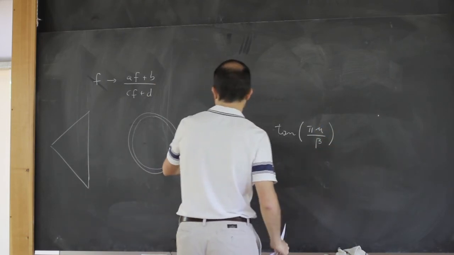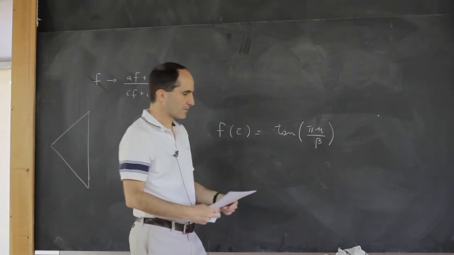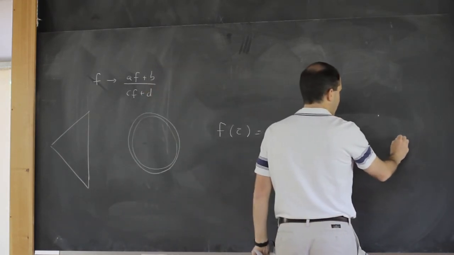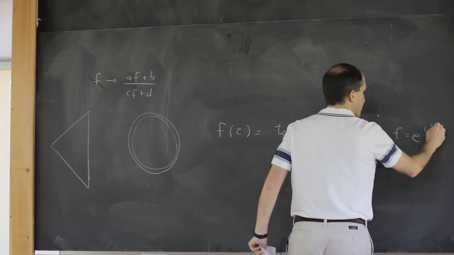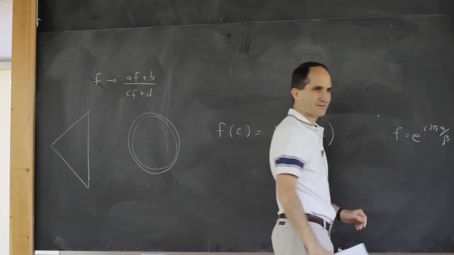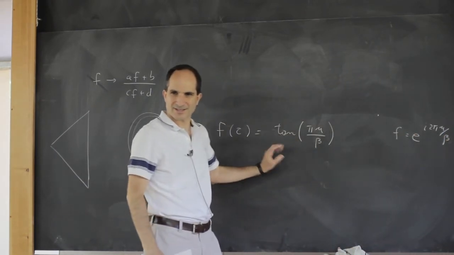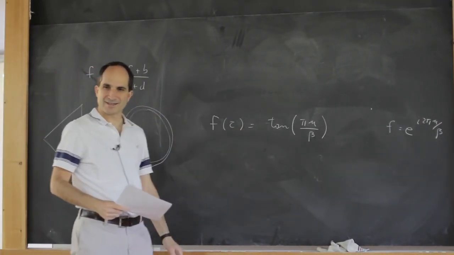This somehow relates the zero temperature to the finite temperature contribution. This is the same as what Kitaev was talking about, except that he wrote this as e to the i 2 pi u over beta, right? He was considering a complex f. You don't need to do that. You could consider just a completely real f, at the cost of making this slightly more complicated.